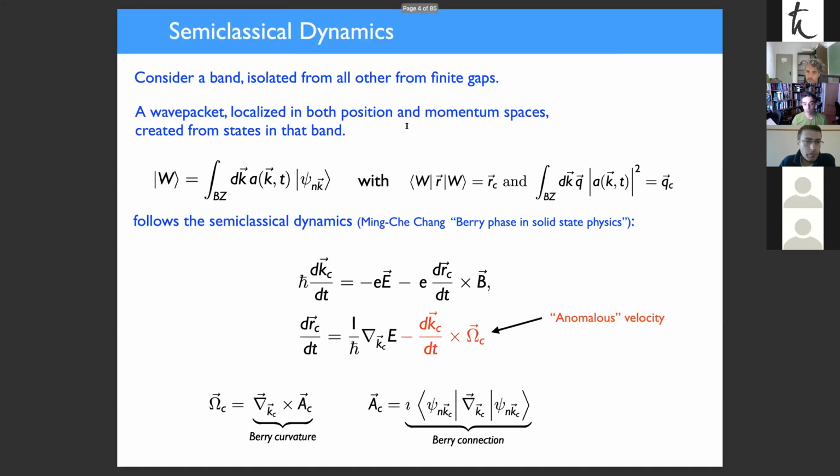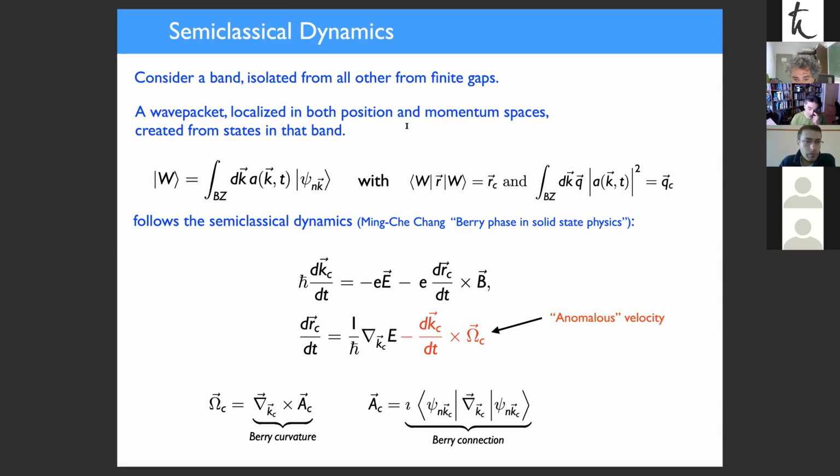So to start with the first one, it has been realized that in the semi-classical dynamics, it's not only important the dispersion relation of some particle with wave vector, but also how this wave function changes with the wave vector.